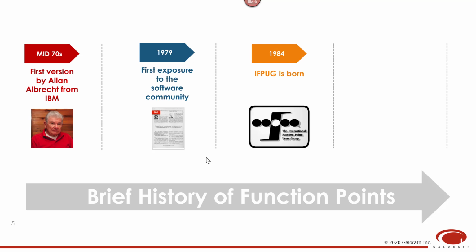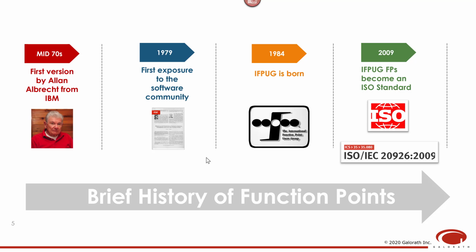IFPUG is a non-for-profit organization dedicated to maintain the function points standards, and it also provides training and certification for the function points community. Finally, in 2009, IFPUG function points became an international standard for software functional size.